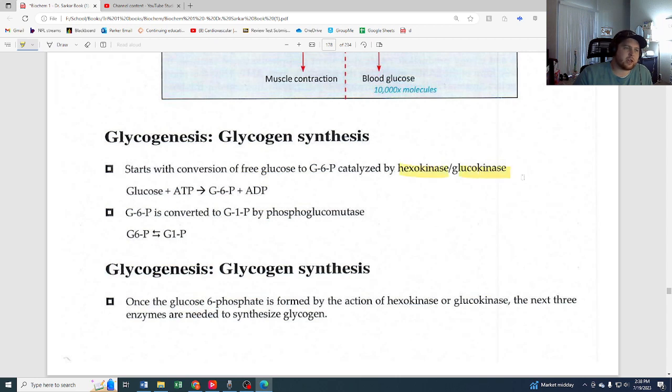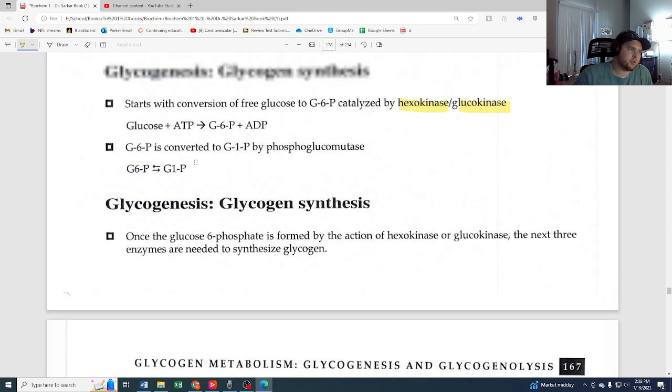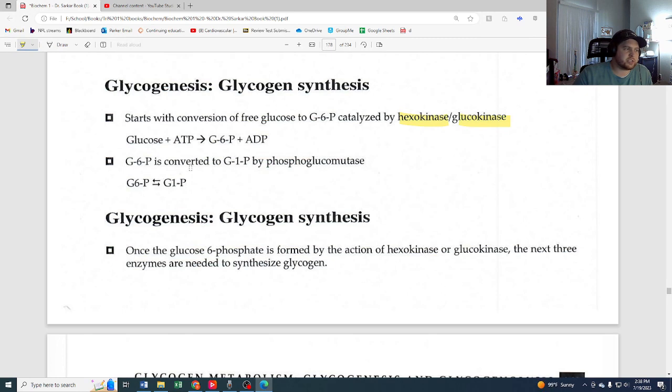Hexokinase in the muscle, glucokinase in the liver. The G6P is then converted to G1P by phosphoglucomutase. It's the same enzyme that switches them and splits them apart that is going to be putting them together as well.